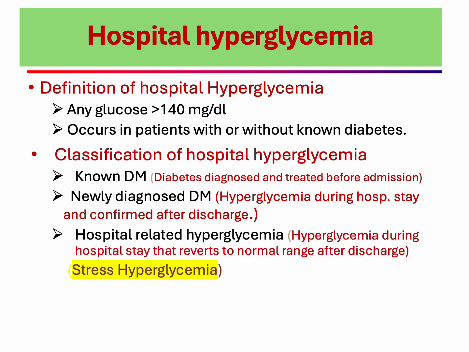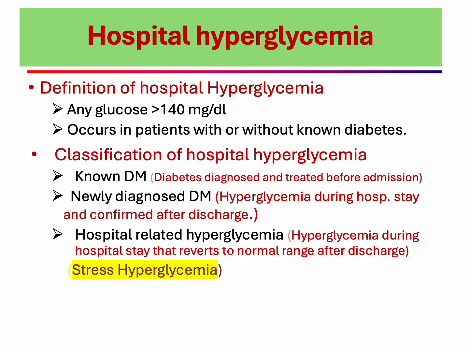Number 3, hospital-related hyperglycemia, that is hyperglycemia during hospital stay and reverts to normal range after discharge or once the patient gets well. It is also called stress hyperglycemia. Now, the primary mechanism behind stress-induced hyperglycemia involves the surge of stress-related hormones, especially counterregulatory hormones and inflammatory cytokines released from the injured tissues in critically ill patients.